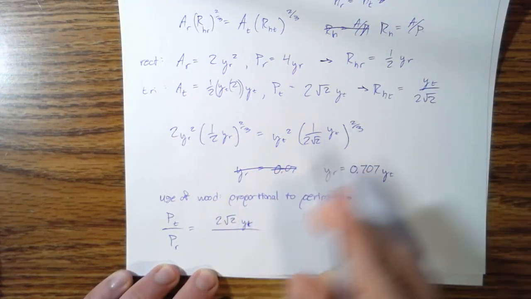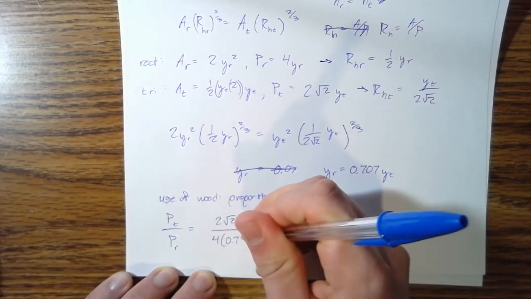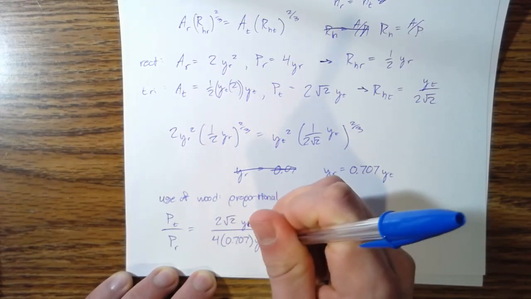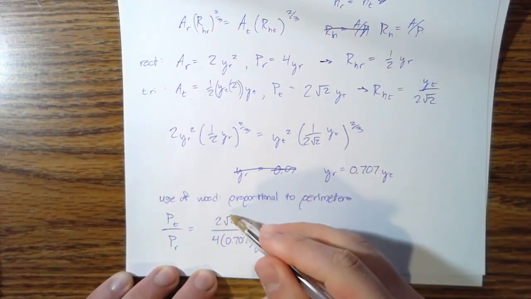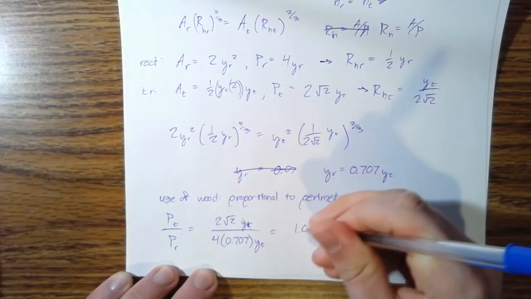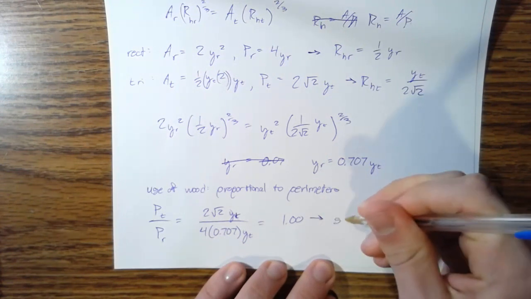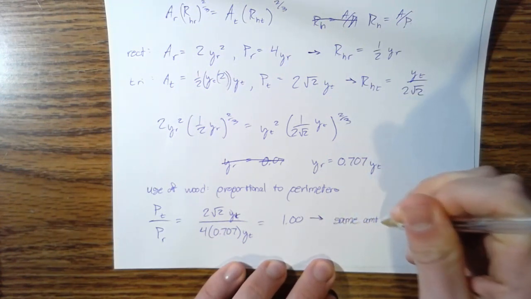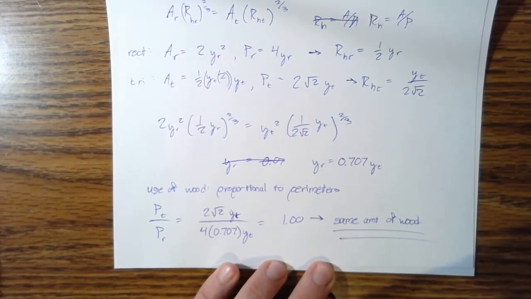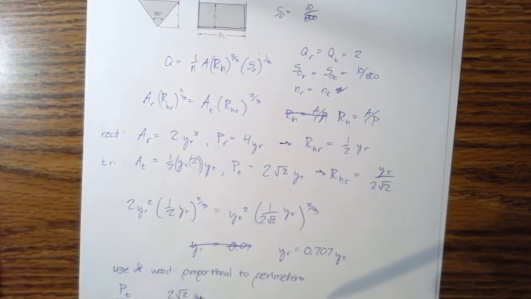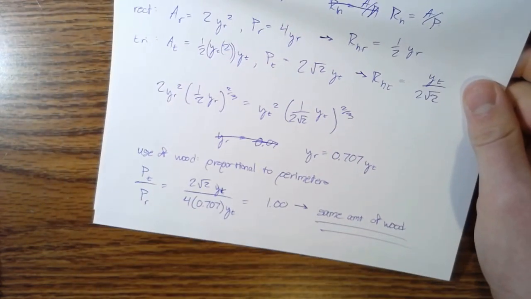And then the perimeter for our rectangle is 4 times 0.707 y sub t. These will cancel, and funny enough, this also cancels, and we get a proportion of 1.00, which means both would use the same amount of wood. It's a weird result, not exactly what you'd expect, but that's the relationship we get.